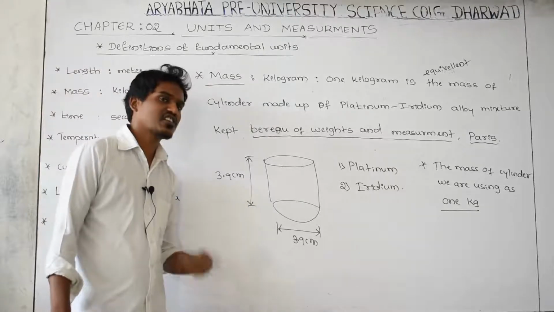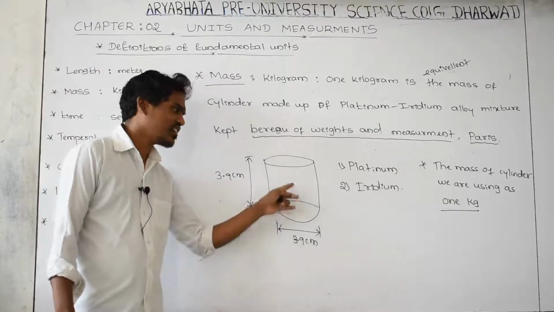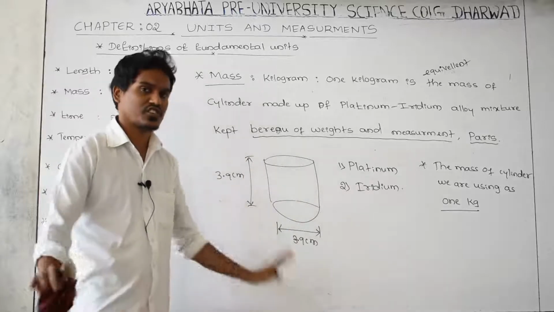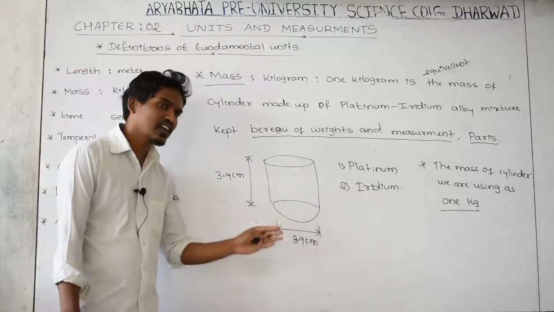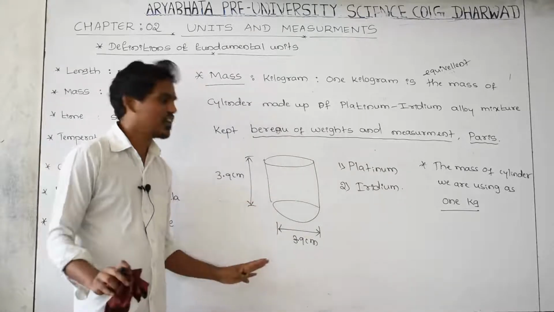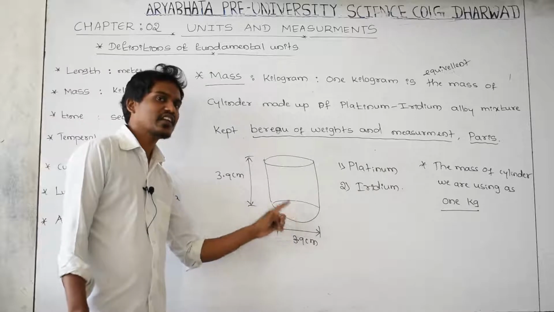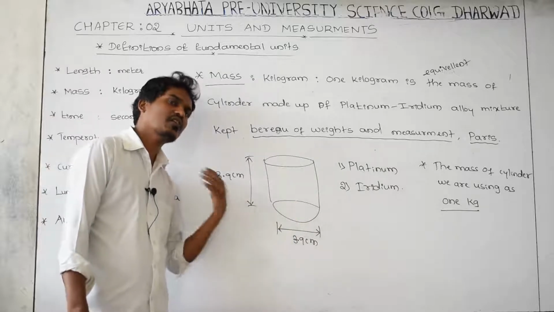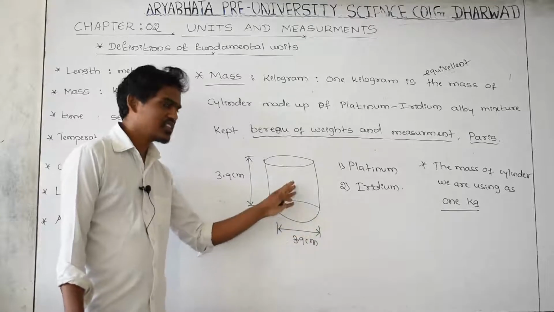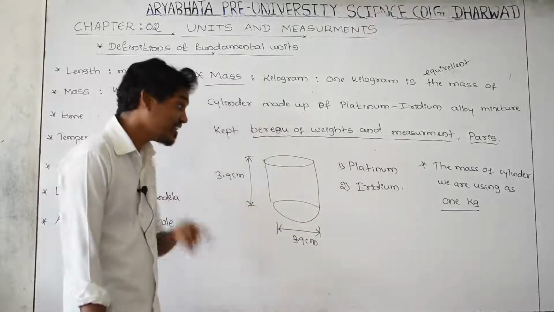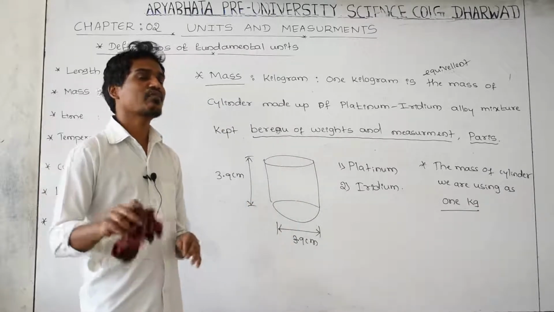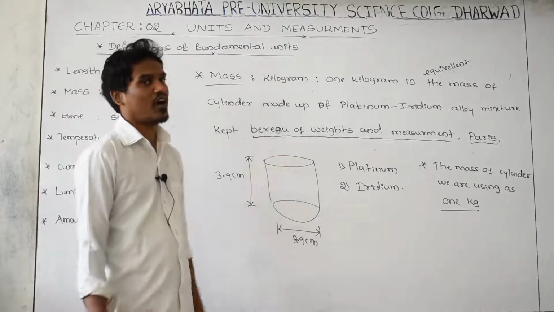Whether it is temperature, spark, whatever it is, it is temperature resistant, spark resistant, its mass never changes. Neither rusting nor temperature changes its mass. It is maintaining its mass as it is for many years. That's why we are using its mass as the equivalent of 1 kilogram.